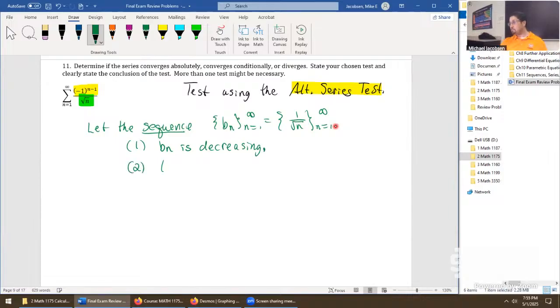Then at the same time, really using the prior conclusion, we can say the limit as we go to infinity of bn, as a sequence, the limit of 1 over root n, has a limit of exactly 0. It's not only just decreasing, it's decreasing down to 0 in the limit. So we'll say here, our work is done.